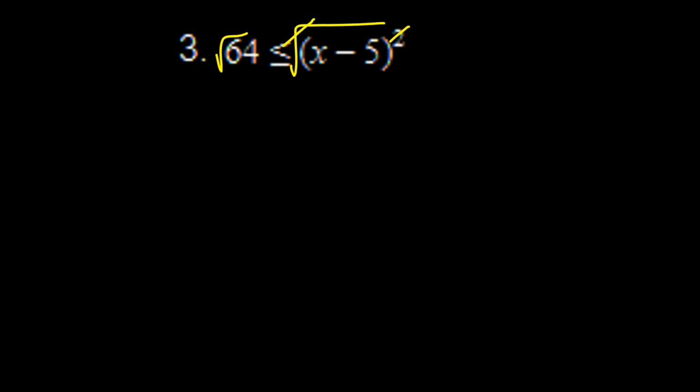Now, what is the square root of 64, though? 8. Not just positive 8. Plus or minus 8. That's what makes this one tricky. Remembering that. So that's where our 2 numbers come from, our 2 bounds, they're called. One is where it's a positive 8, and one is where it's a negative 8.